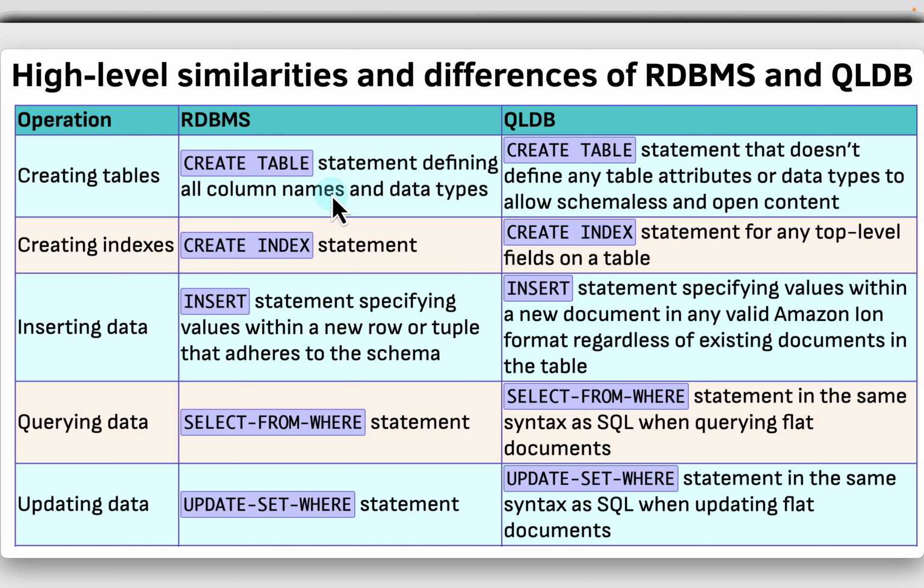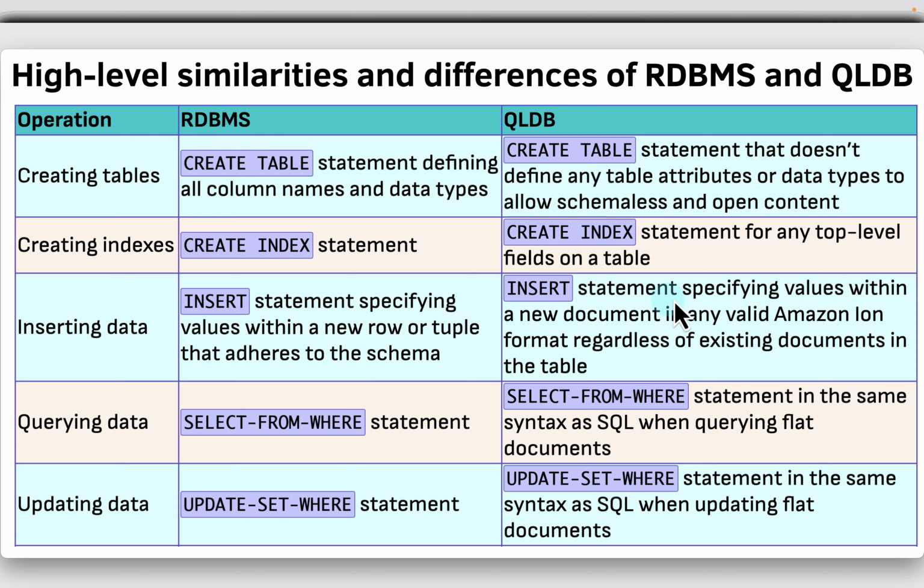Create index in the RDBMS, and in QLDB create index for any top level fields on a table. So you can define one even though you create the table without any columns. Insert statement in RDBMS specifies values within a new row or tuple that adheres to schema. When we do insert, we have to give the schema and the values, as you would have seen in SQL statements.